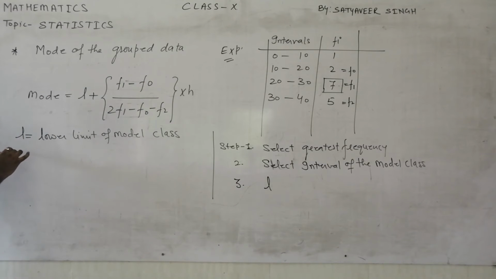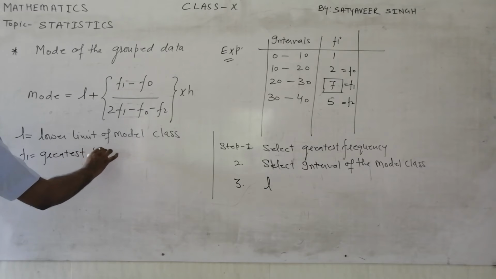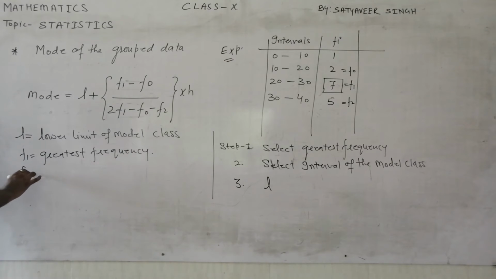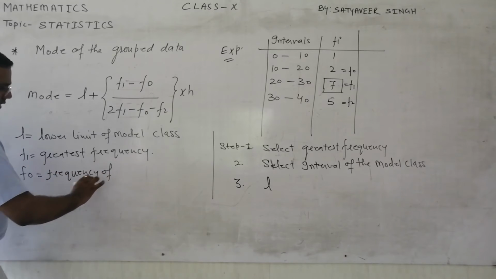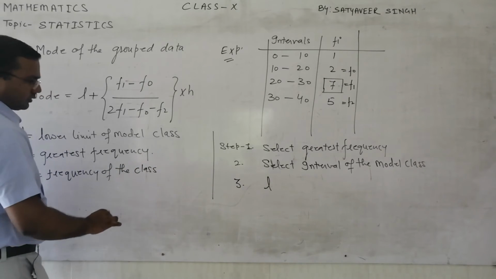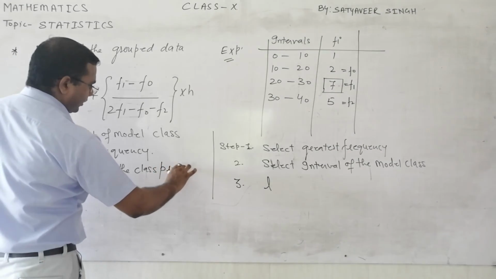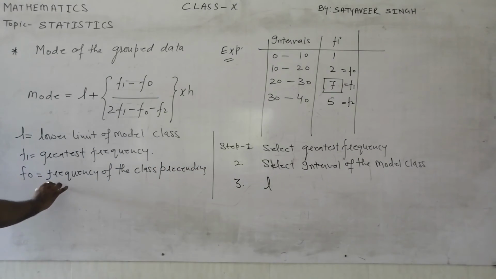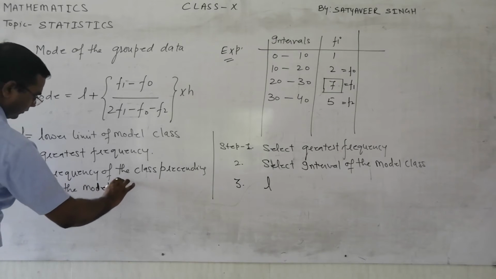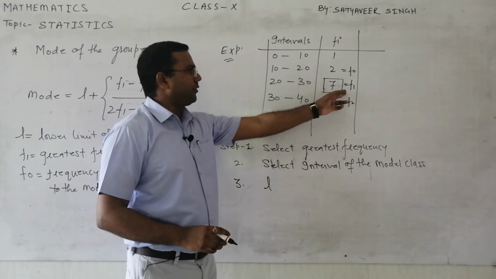So you can write here: what is F1? F1 is the greatest frequency. What is F0? It is the frequency of the class preceding the modal class, that is, just before this.